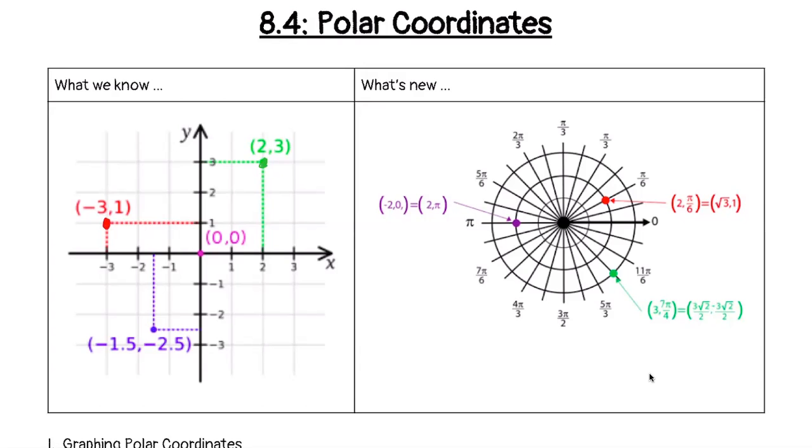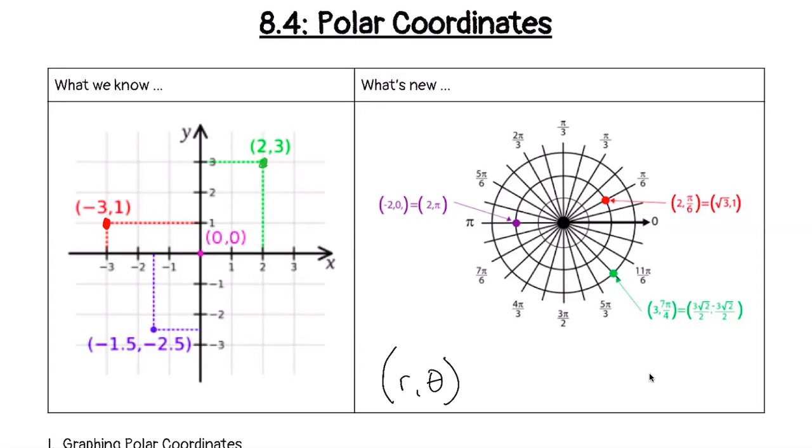And so what we briefly talked about earlier, but not very much, was that we have this new way of writing coordinates when we have these circle grid looking things, okay? So this is called a polar coordinate plane. And the points are written in the form r, comma, theta, right? Like we talked about earlier. Now, the way that we find these is we go to the angle first, and then we count out however many circles the first number sets.